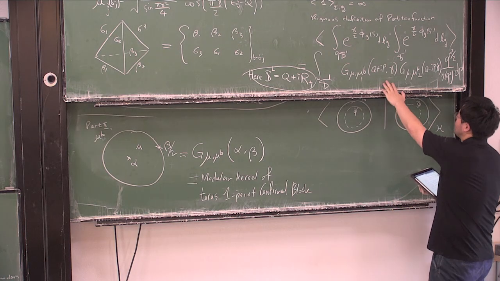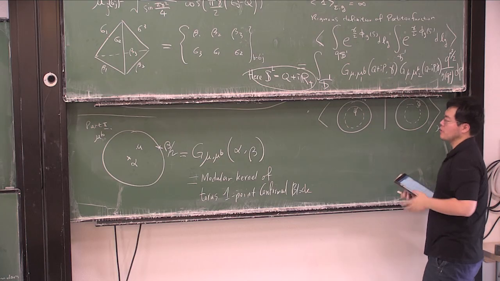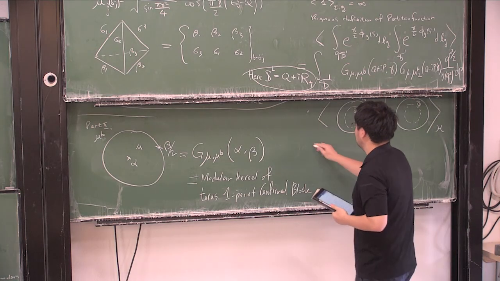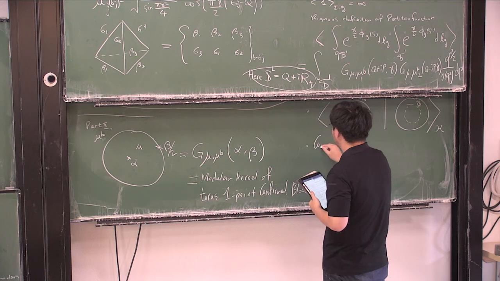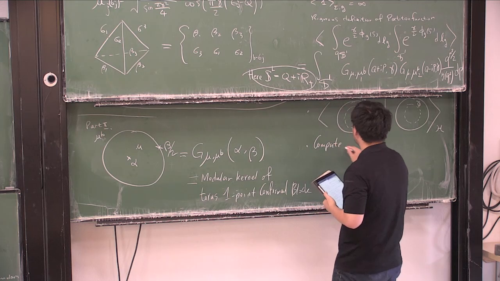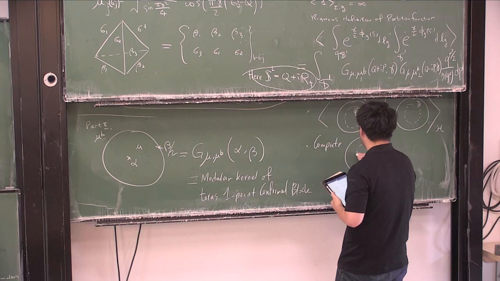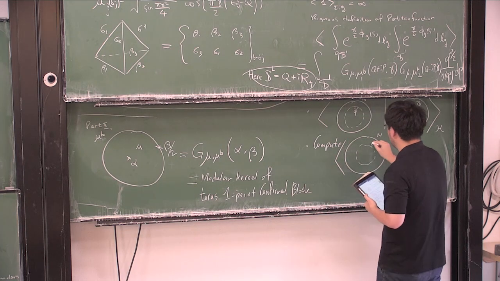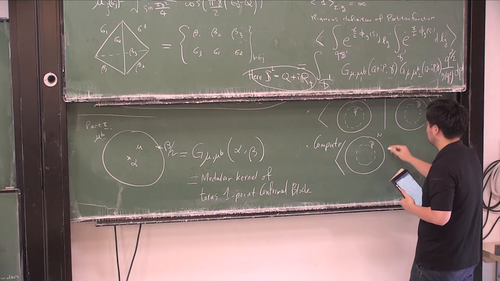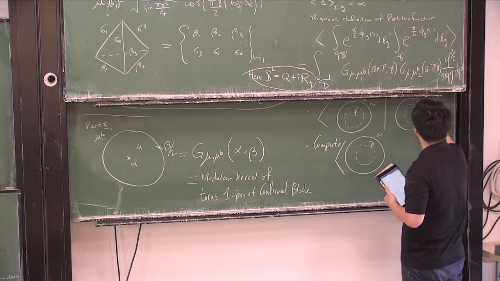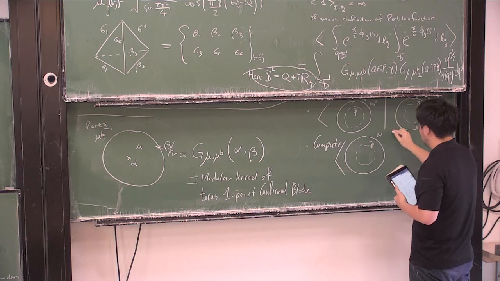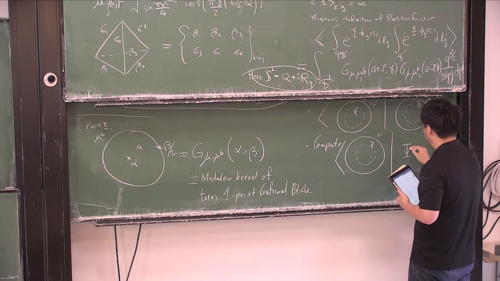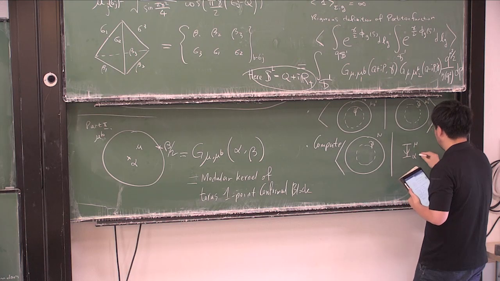Then to get this formula, the next step is to compute the pairing of this one, mu B1, mu B2, with this psi alpha mu and mu tilde.